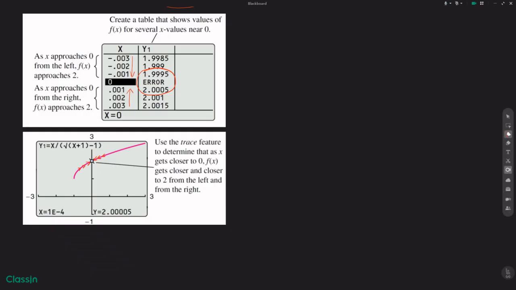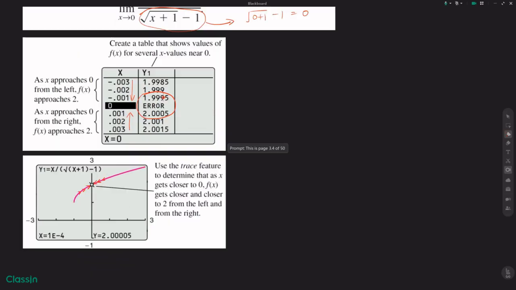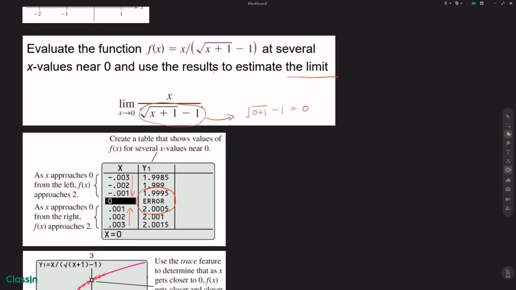Now, before we finish, there's one really important thing to point out. In both examples, as you may recall, the function isn't really defined at the value that we want x to approach. Or let's just take a look at the second example here.